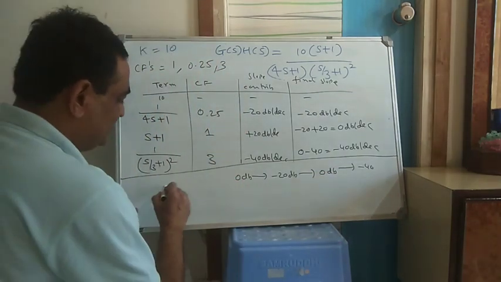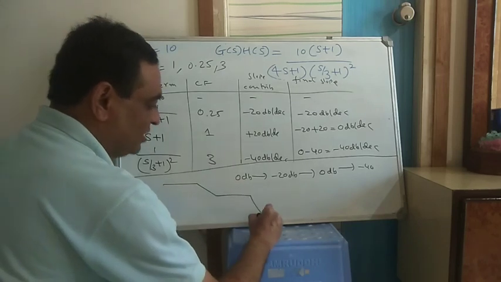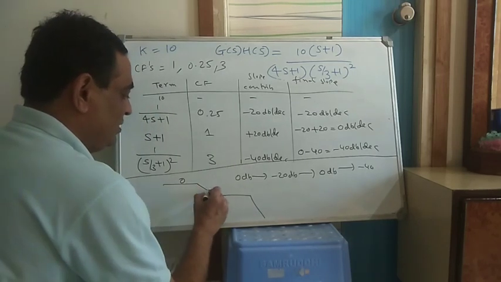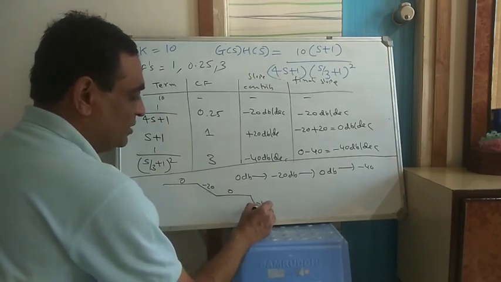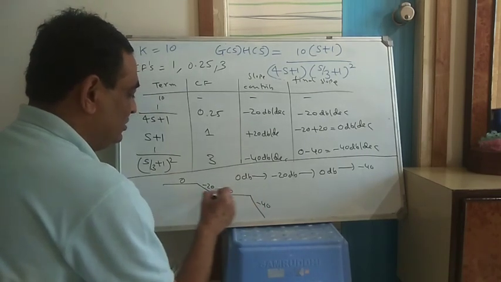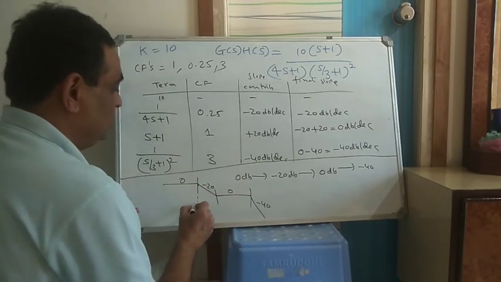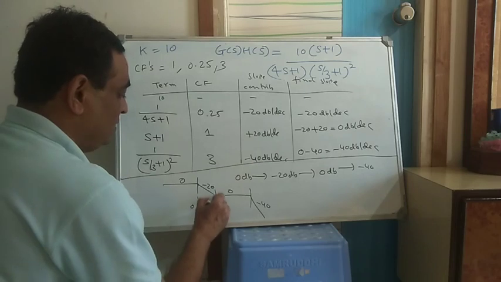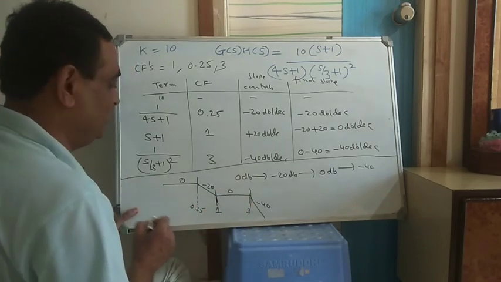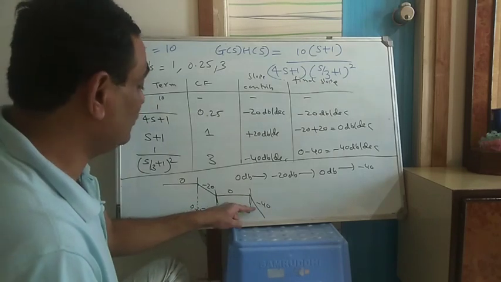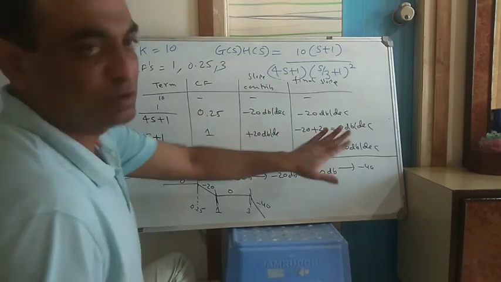So it would be something like this: 0 dB, minus 20 dB, 0 dB, minus 40. And these are the three corner frequencies. This is the first corner frequency. So this is 0.25, this would be 1, this would be 3, omega is equal to 3. This is how the magnitude plot will look. All right. So this was about the magnitude plot.